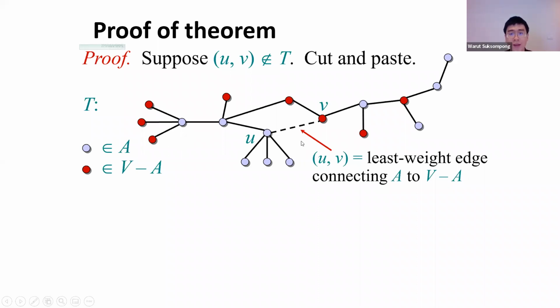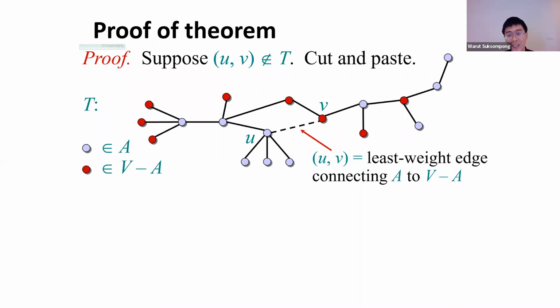If you look at these bold, non-dotted edges, they form a spanning tree. Suppose there's an edge UV, which is the least weight edge that connects a vertex of A to a vertex of V minus A, and suppose it's not being used in the minimum spanning tree.